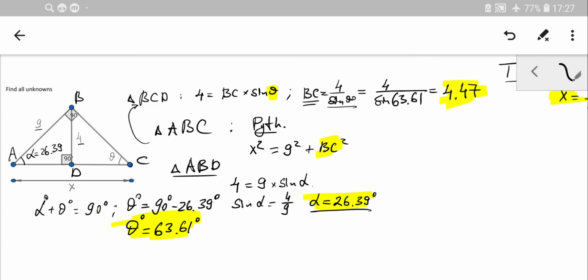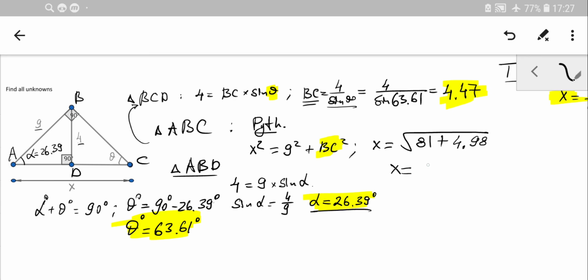Cool. And now, using BC, we can actually calculate x. So x is the square root of 9 squared, which is 81, plus BC squared. Let's raise it to the power of 2. We've got 4.98. Let's add that to 81 and take the square root of everything.